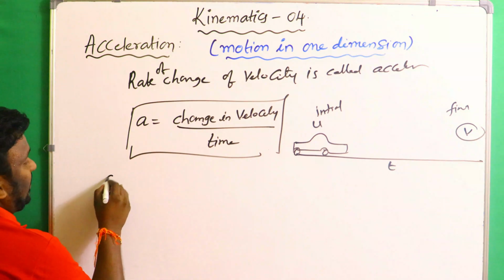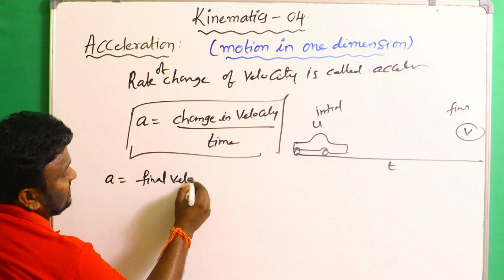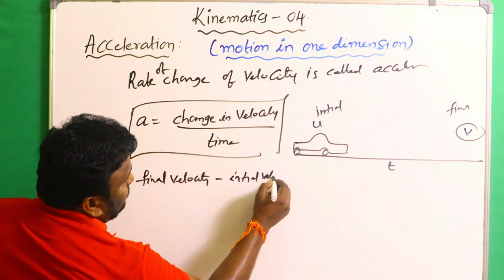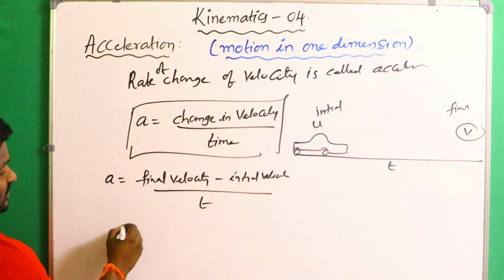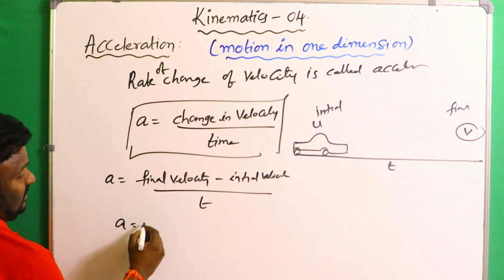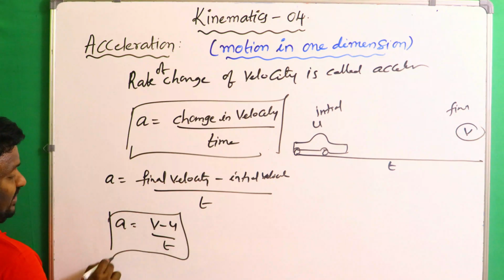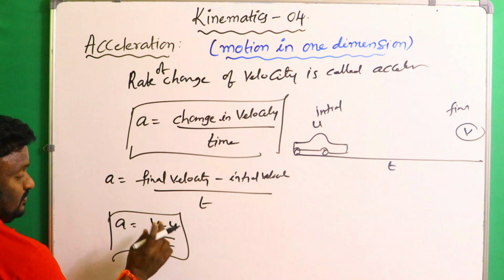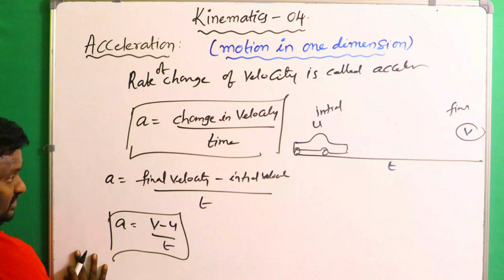Then in this case, a equals final velocity minus initial velocity by time taken. Therefore a equals (v minus u) by t. Here change in velocity is a vector quantity, that's why acceleration is also a vector quantity.